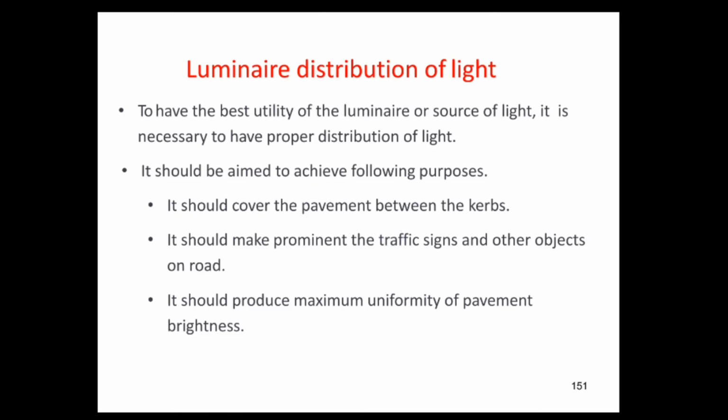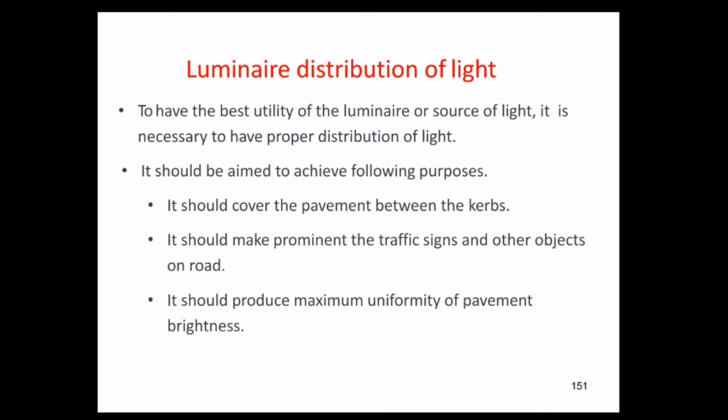The luminaire distribution of light. In order to have the best utility of the luminaire or the source of light, it is very necessary to have the proper distribution of the light. And this proper distribution of the light should be aimed in order to achieve the following purposes.